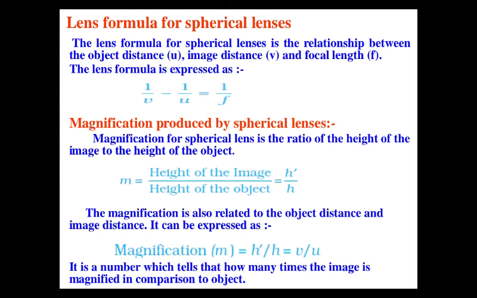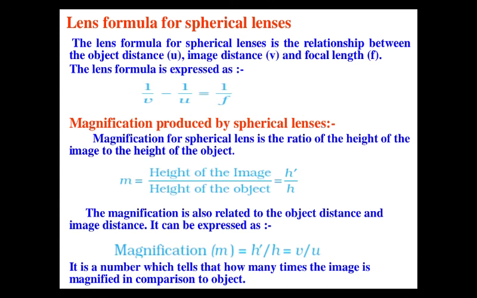Secondly, if a real image is formed by the lens, then the magnification has a negative sign. If in some numerical the magnification has been given with a negative sign, then it's understood that it is a real image. Or if it is given in any numerical that a real image is formed and the image is magnified this many times, then you have to put the negative sign yourself.